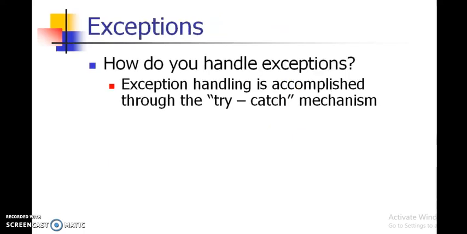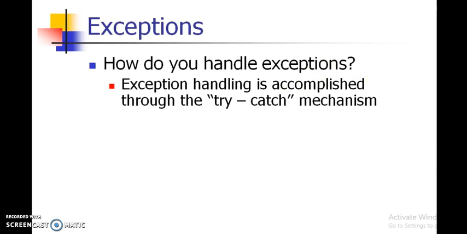Now, these runtime errors, which we also call exceptions, as we know, whenever they are generated, the program automatically terminates the execution at whichever point it has been. That means the generation of the exception causes the program to terminate abnormally.